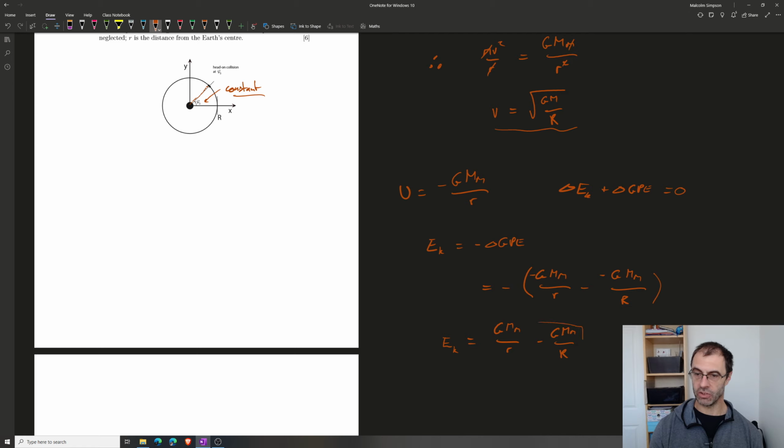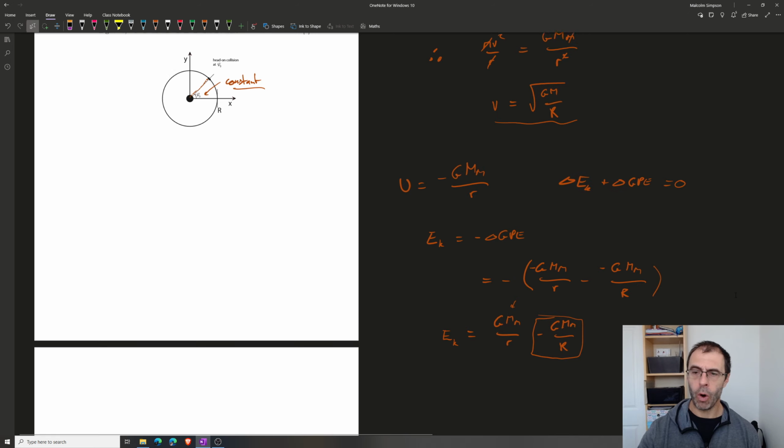This is a constant. All of those numbers are not changing. This, however, little r starts at big R and then gets progressively smaller. So this term is getting larger and larger the whole time. So our EK starts from 0 when little r is equal to capital R, but then this term gets bigger and bigger as little r gets smaller and smaller until it gets to the limit of RE.